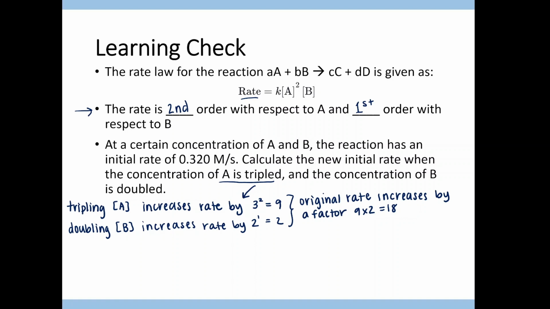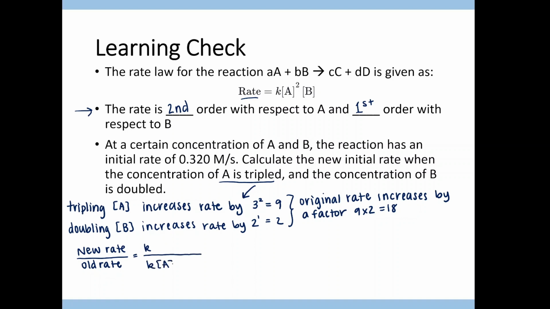Another way to write this is to have a ratio where we have new rate to old rate. We have the same rate law, so let's write the old rate first.